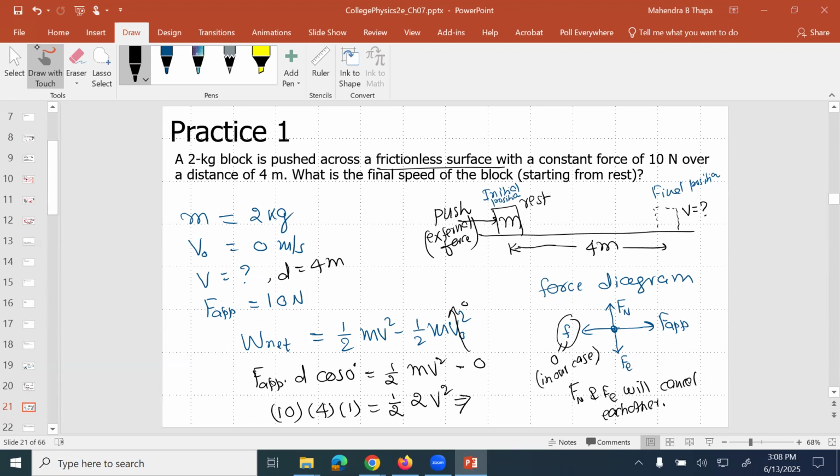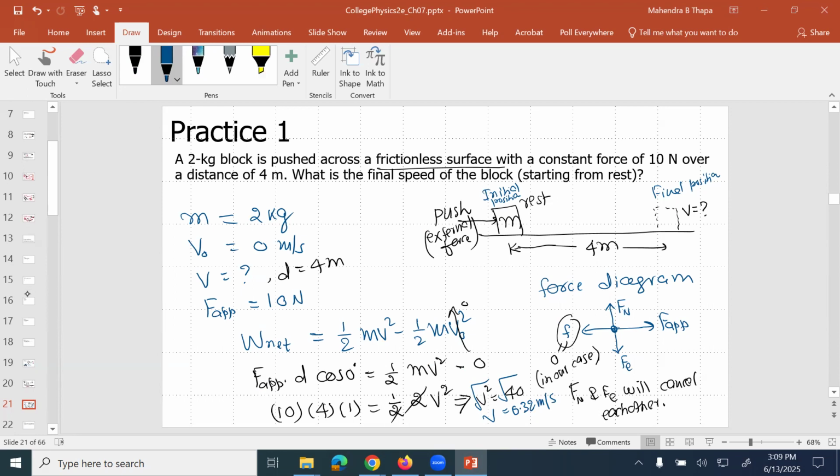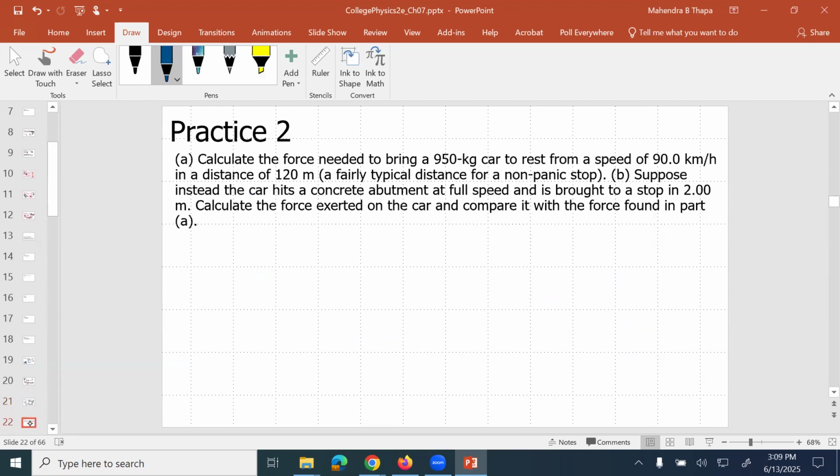The 2 cancels out, so v squared is 40. Then we can take the square root of both sides. That gives us v, which is roughly 6.32 meters per second. Okay. Now you can use a similar approach for the practice problem too.